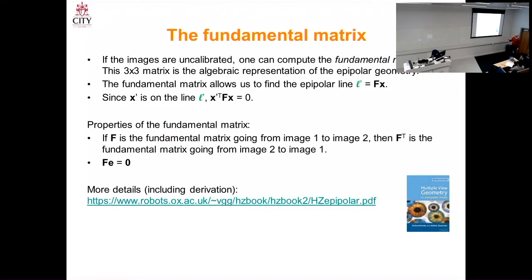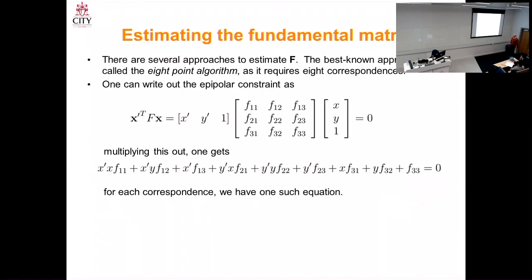Another couple points about the fundamental matrix, if you have F going from 1 to 2, then if you want to go the other way from image 2 to 1, you just take the transpose, and so on. So if you want to figure out this epipolar geometry and simplify your computation for correspondence, you need the fundamental matrix.